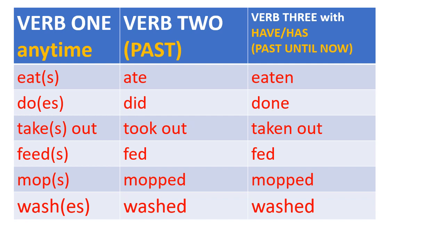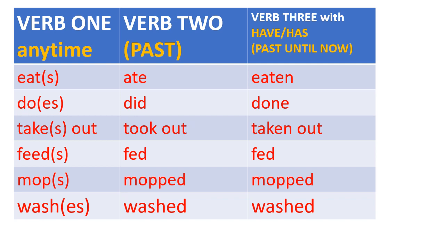We have do, okay, or for he, she, it, does. We have did in the past, and then done with have or has. Take out, takes out, took out, that's one time in the past, taken out. Feed, feeds, fed, fed.